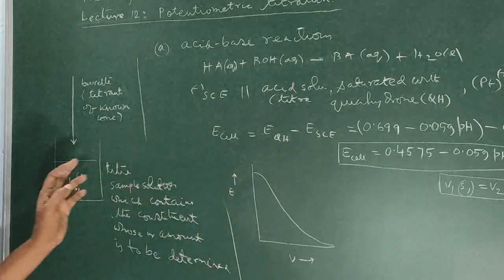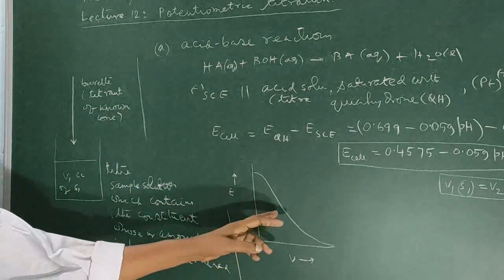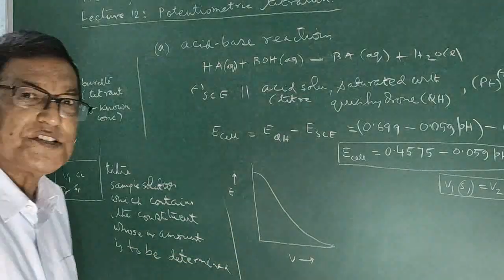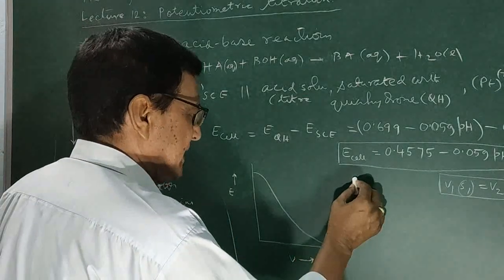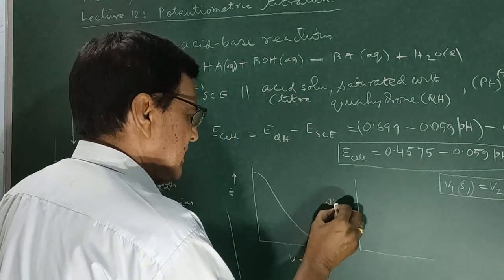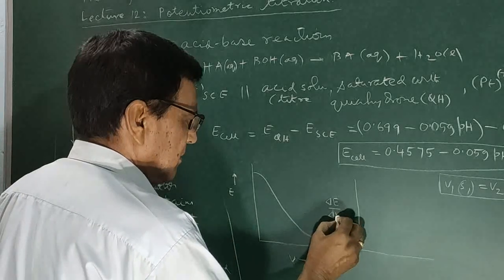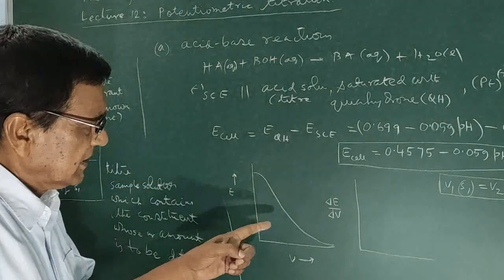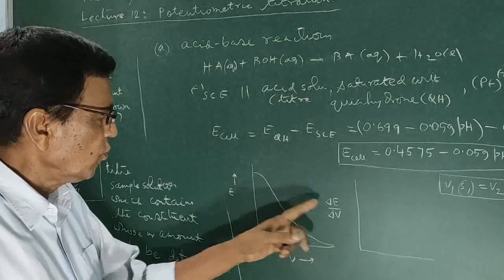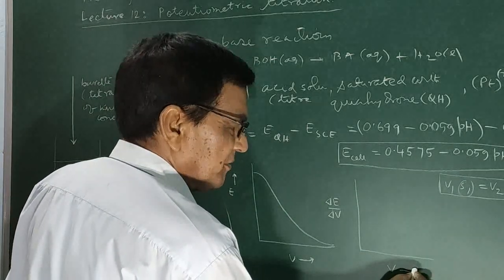The weaker the acid, the more inclined the curve, and the more difficult to determine the end point of the titration. In this case, the differential curve, del E by del V, means the slope of this curve, and here it is the volume of this alkali.